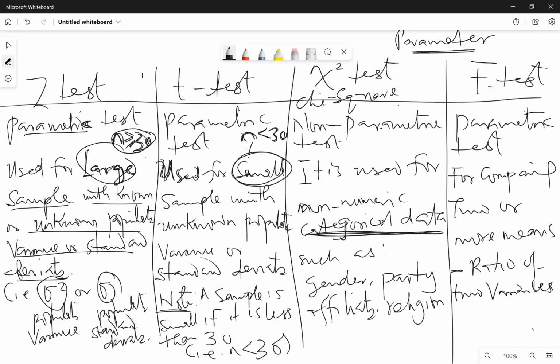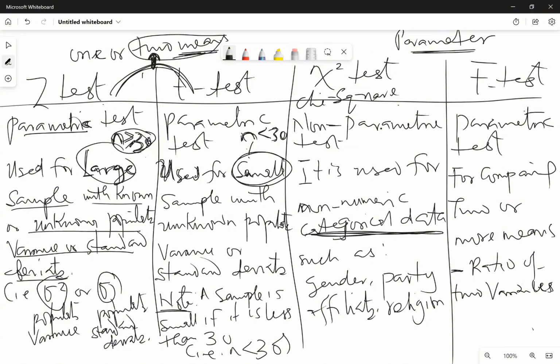Note this again, the Z and T tests are used for one or two means. Z and T test is used when you are working on one mean or two means. So the maximum you can have under Z and T test is 2 means.